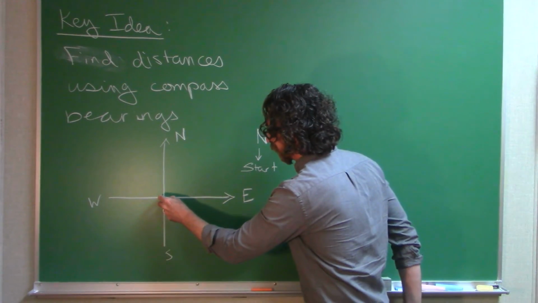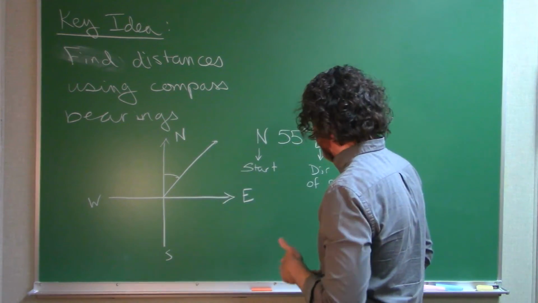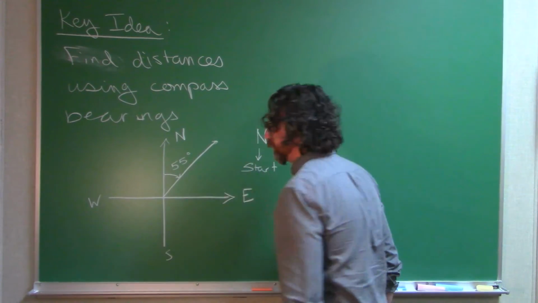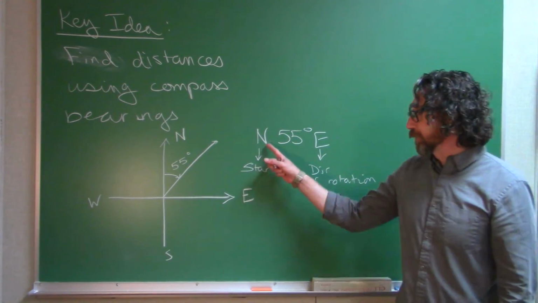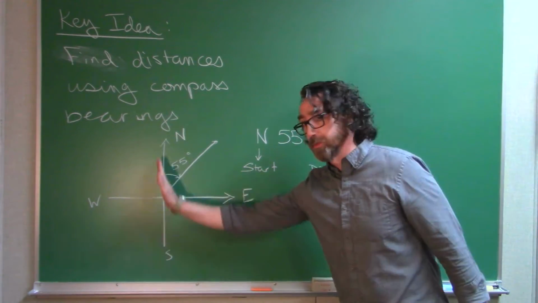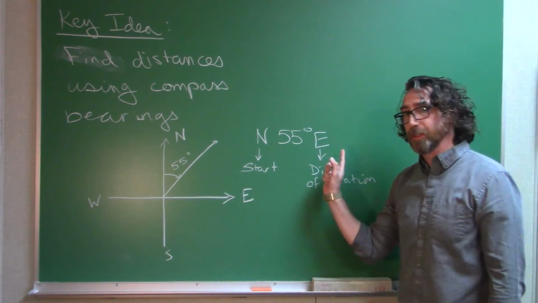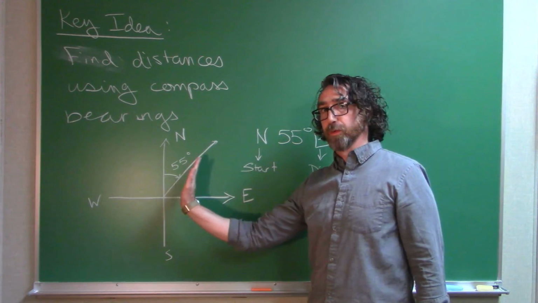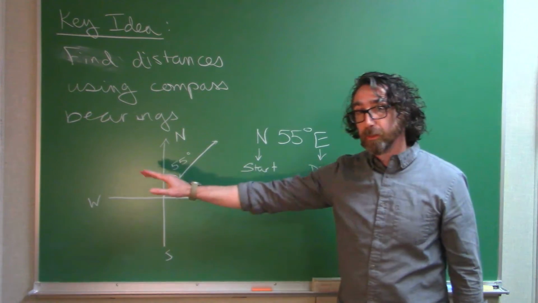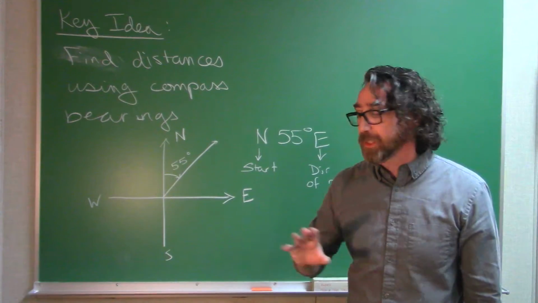So north, 55 degrees east would mean you're heading in that direction, where this angle is 55 degrees. So your first direction is always going to be either north or south. If they tell you north, then you're starting from here, and then they'll give you the angle that you rotate through and the direction. So 55 degrees east, you rotate this way. If it was 55 degrees west, we would go the other way. So starting direction, angle, and then the direction of rotation.